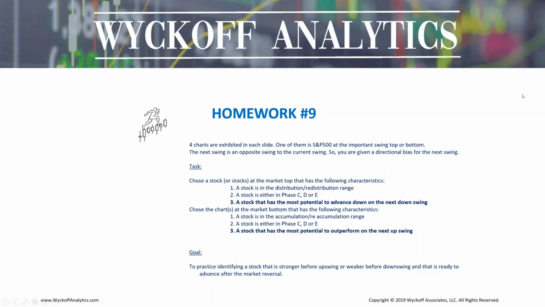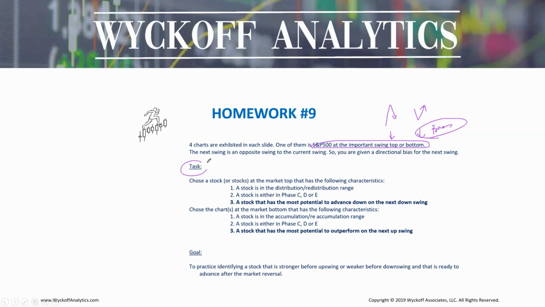I'm going to show you this S&P 500 at an important swing top or bottom. Meaning that if this is the top, then the next move is going to be to the downside. If this is the bottom, then the next move is going to be to the upside. So I'm effectively giving you a bias definition for the next swing.